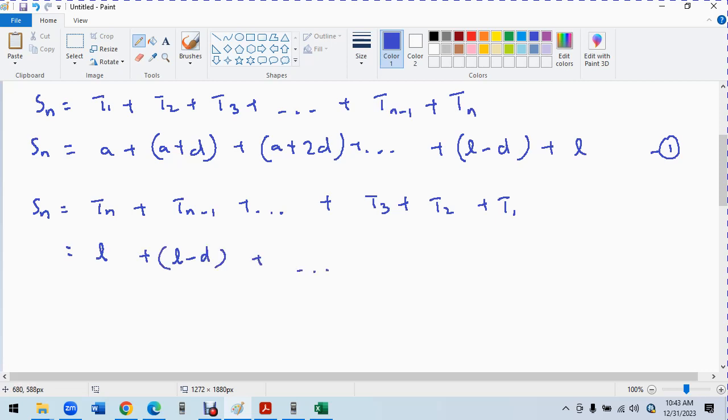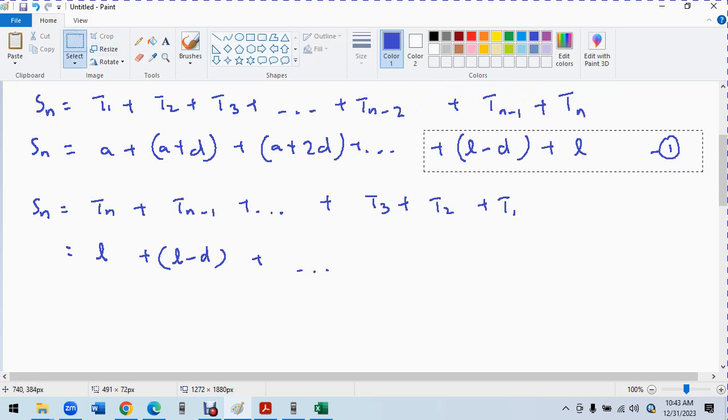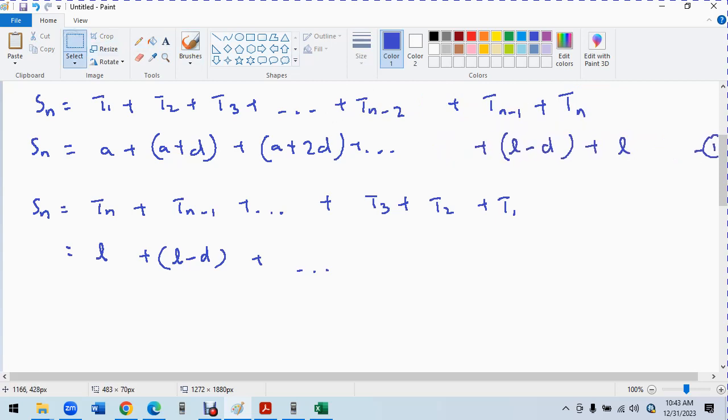And then if I want, I can add one more, the n minus 2 term, which is l minus 2d.